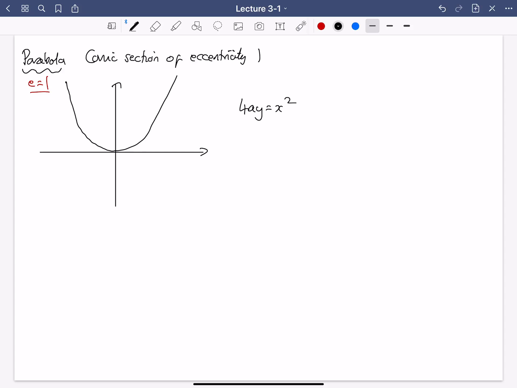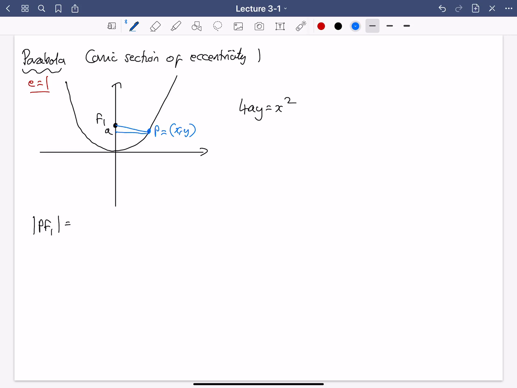But let's see if we can get to the Euclidean equation. So there is actually a focus in here, F1, which is up on the y-axis distance a from the origin. And let's think about some general point P on the parabola. So P is (x, y). And what I'm going to do is try and calculate the length PF1. So I can do that just by drawing a little right-angled triangle.